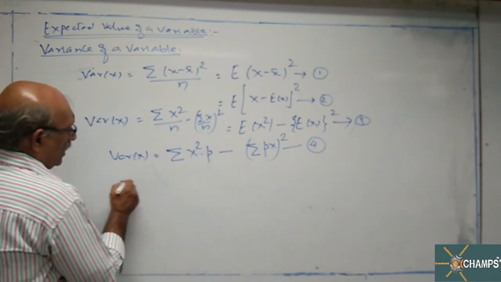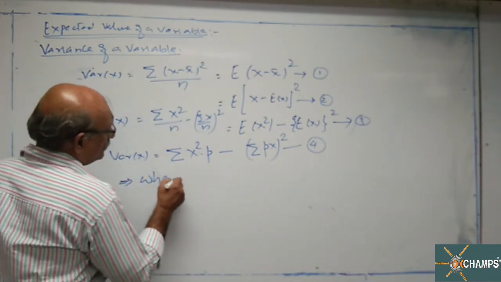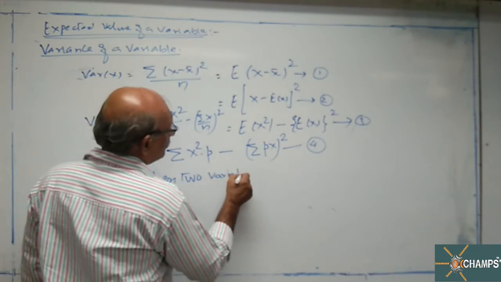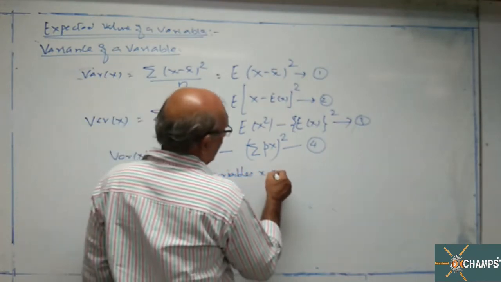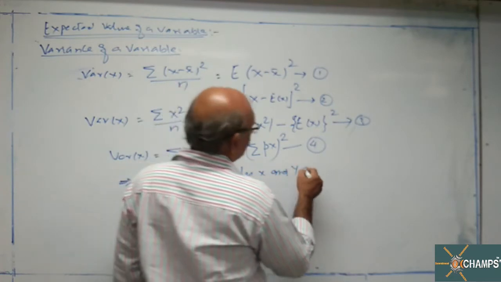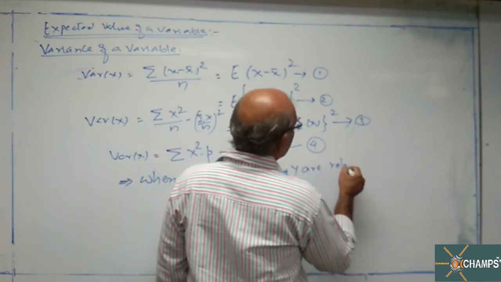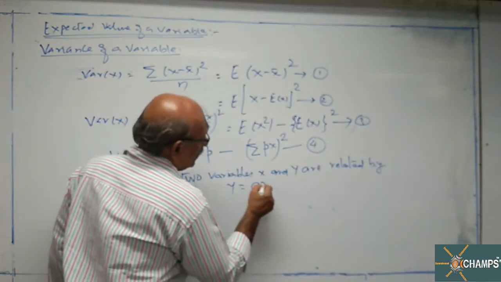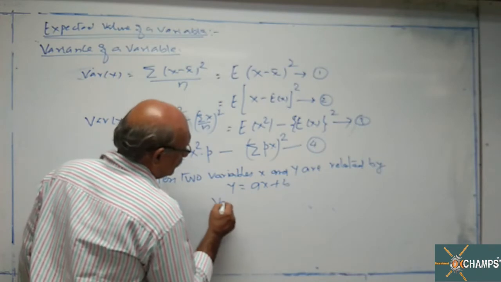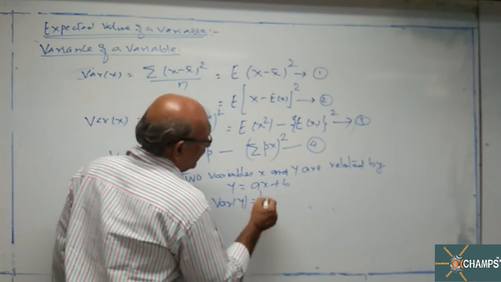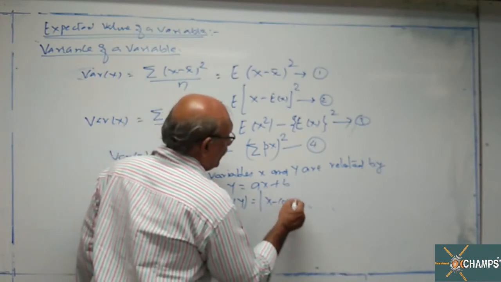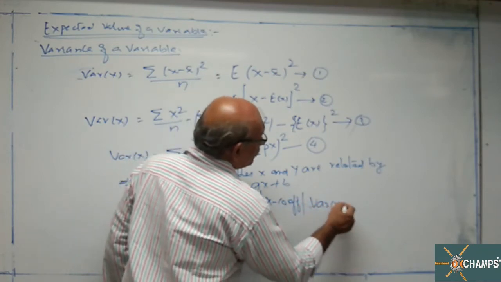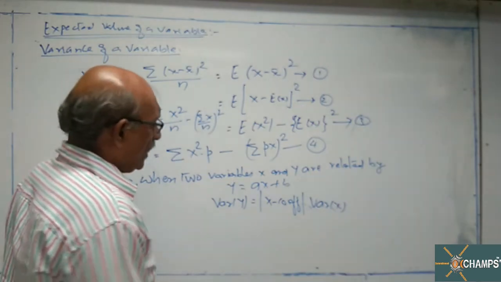Okay, sir. Now, when two variables x and y are related by y is equal to ax plus b, variance of y is equal to modulus of the x coefficient into variance of x.